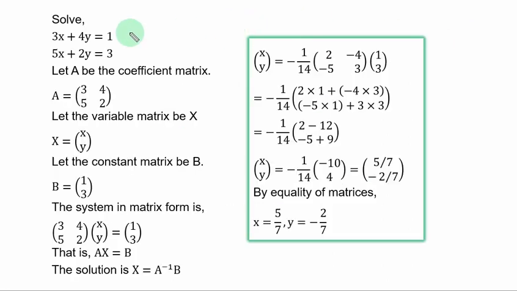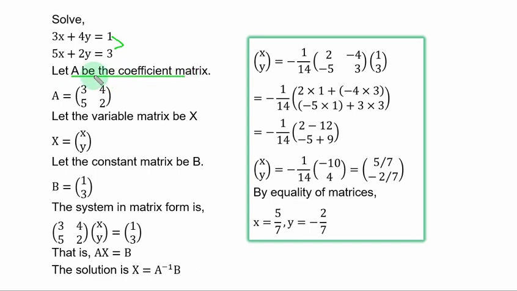Next, we are asked to solve the pair of equations. We are to use the inverse method. Here, you have to define 3 matrices. The first one is the coefficient matrix.